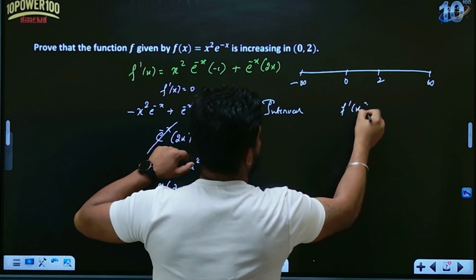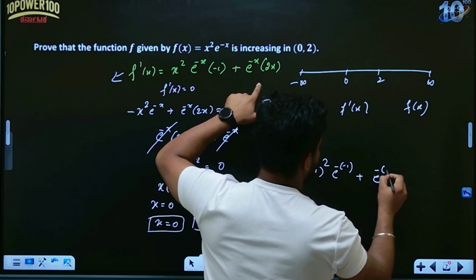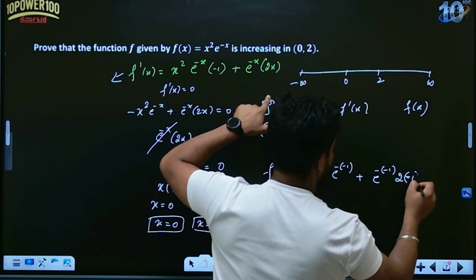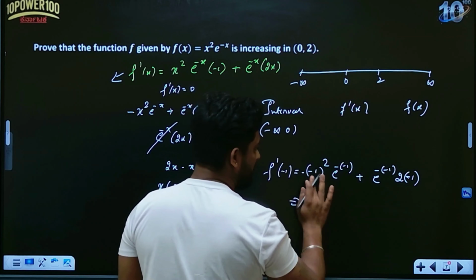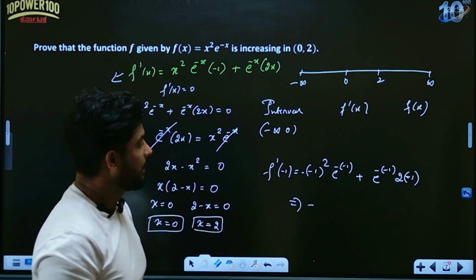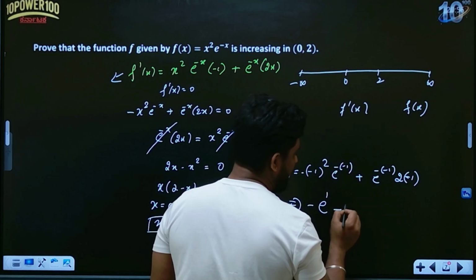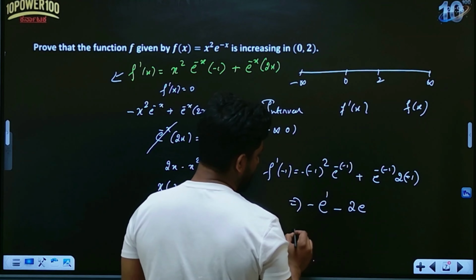f dash of minus 1 is equal to minus 1 the whole square e to the power minus of minus 1, the minus is outside, plus e to the power minus of minus 1 into 2 into minus 1. So if we solve this, minus 1 square is positive 1, outside there is a minus, and we get e to the power 1, minus 2e to the power 1.